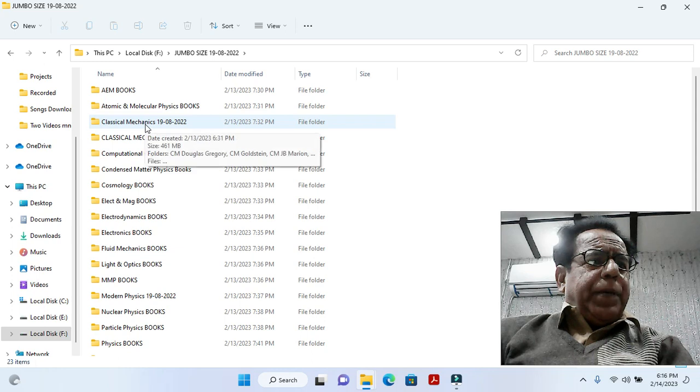Now I open. Actually, these books have been saved in two folders due to the large number. First I open the first folder.